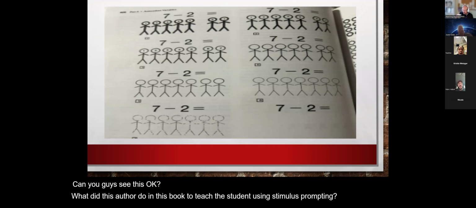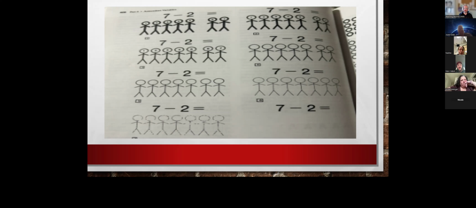It looks like he started with really bold, dark-lined stick figures and then that kind of faded as it went on. Also, the first three have the dots in the middle, so he faded that, making it less prominent to the last one where there are no stick people.